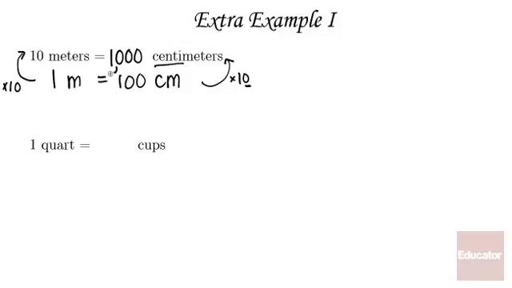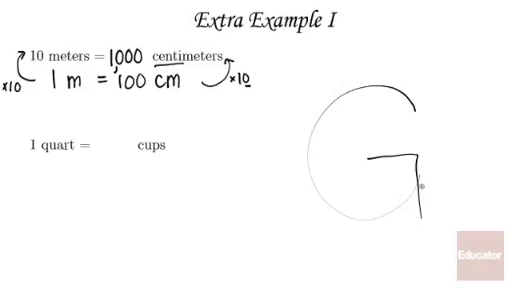Okay? Now, quarts to cups. If you don't remember how many cups are equal to the pints and the quarts, you can just draw your G and use that as a reference. Let me write that out so you can see it.